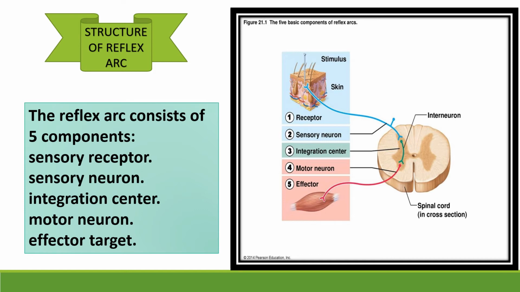The interneuron is the integration center in the gray matter of the spinal cord, half of the H-shaped gray matter. Integration means it has been converted into response. Next, the motor neuron, the red one. And the last one is the effector target, that means the muscle. So this is the actual structure of a reflex arc.